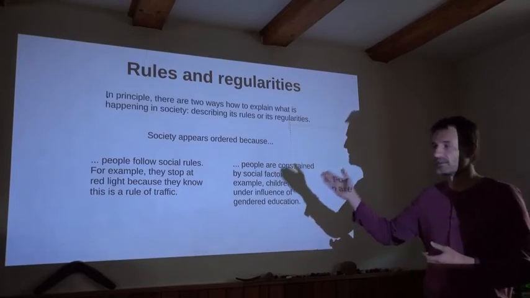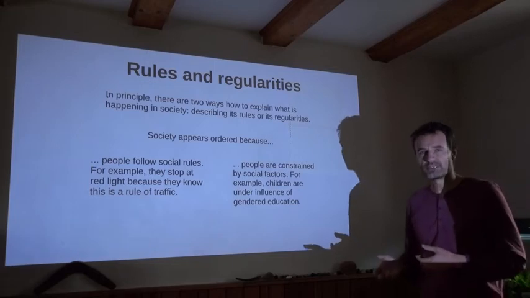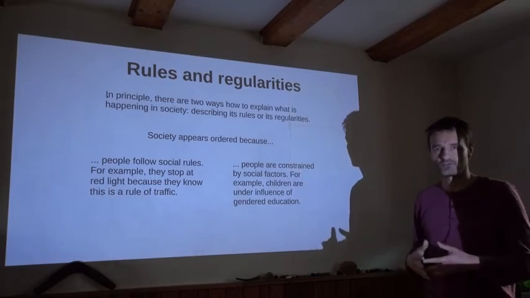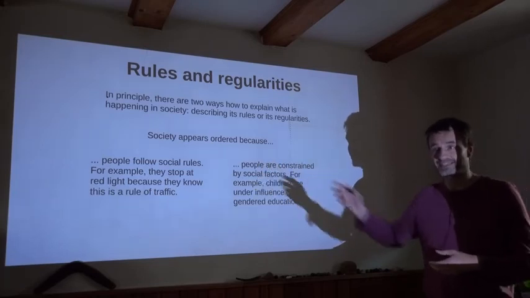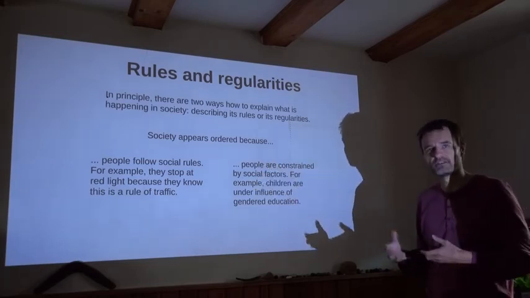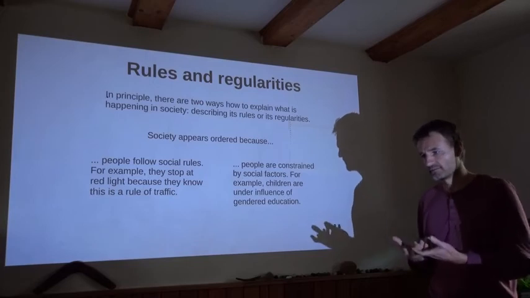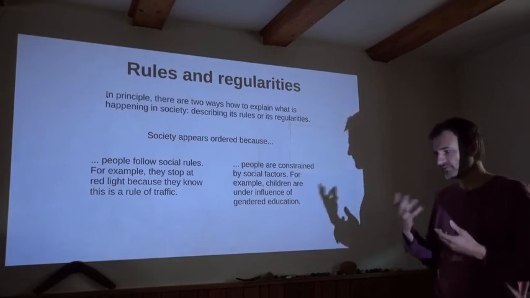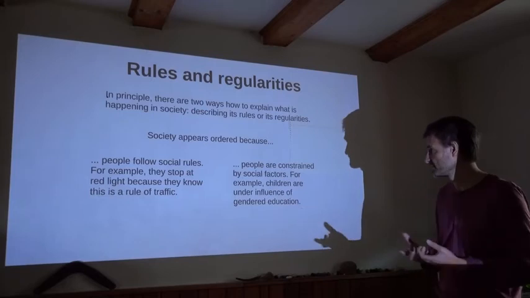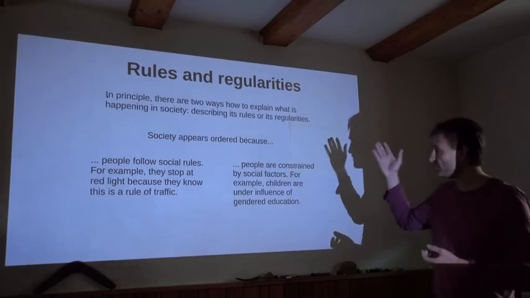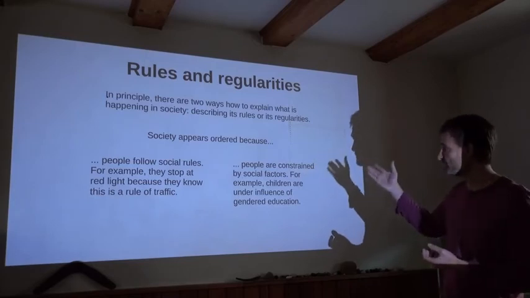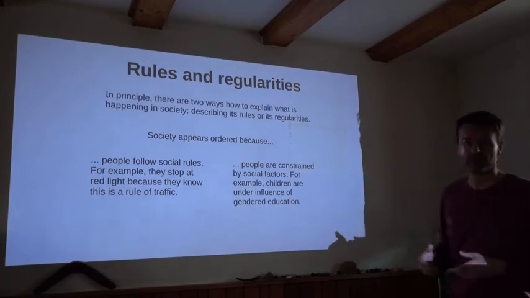For example, they stop at a red light because they know this is a rule of traffic, or they can break this rule, of course, but they know they break it, and they are prepared for the consequences.